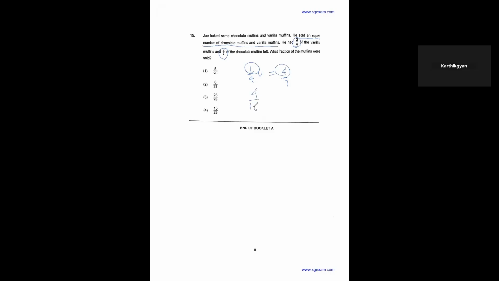So it's 4/16 equals 4/7. Extract your denominator out. So vanilla is 16 units in total, chocolate is 7 units in total. What fraction of muffins were sold? In total, 16 plus 7, which is 23 units. Sold is 4 plus 4, which is 8. So it's 8/23, option number 2.